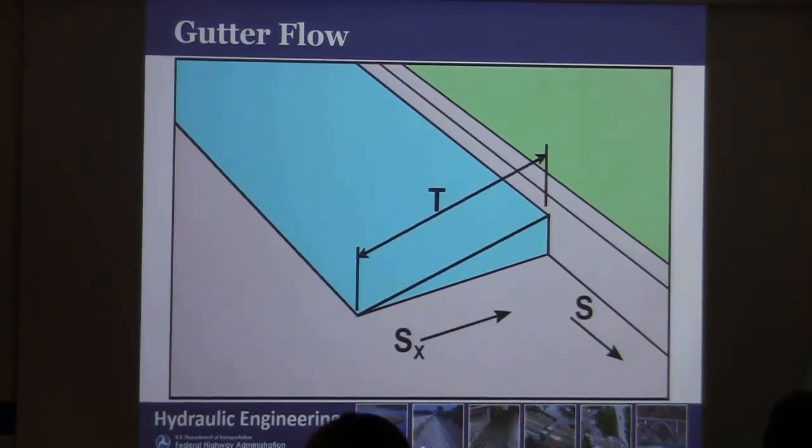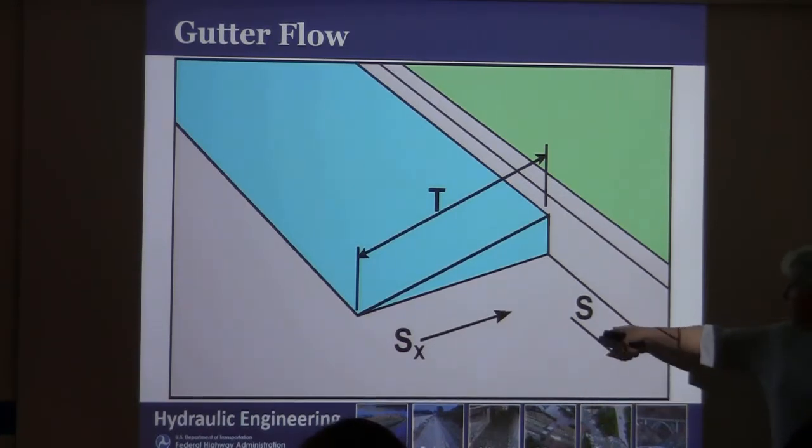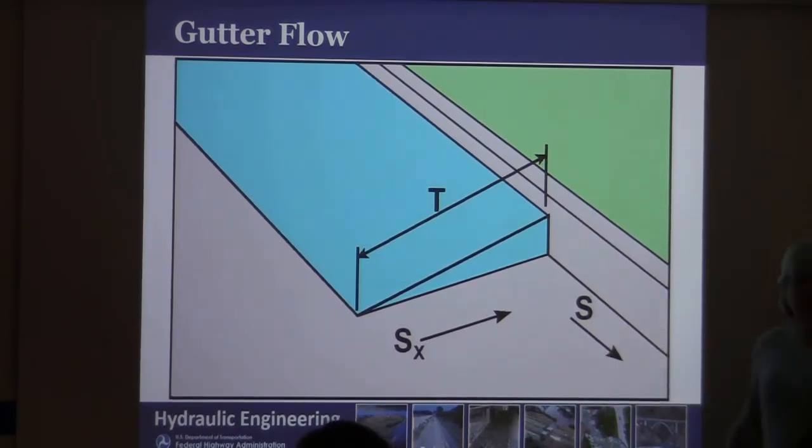Gutters are typically a triangular cross section. So T is your top width. I think Eric talked about that yesterday. Whenever you see T, that means top width. SX is the cross slope of the road, and this S, or it could be SL, is the longitudinal slope of the road.